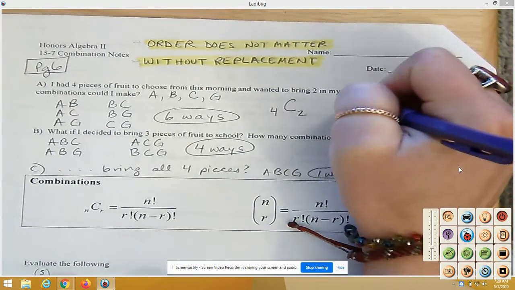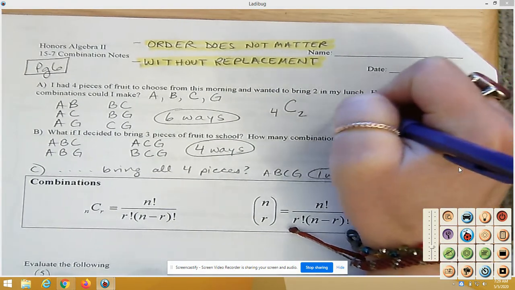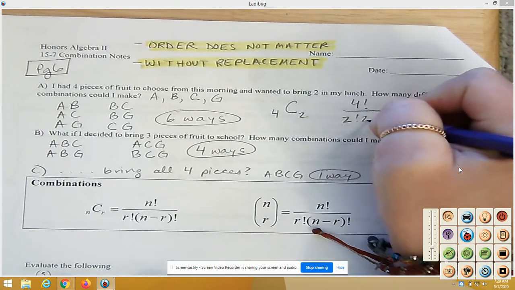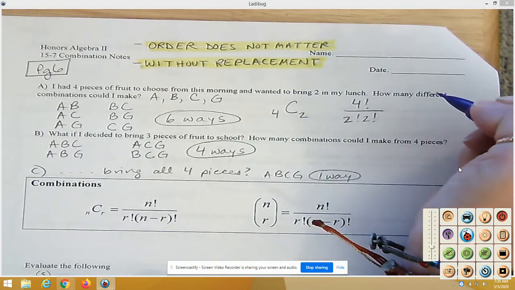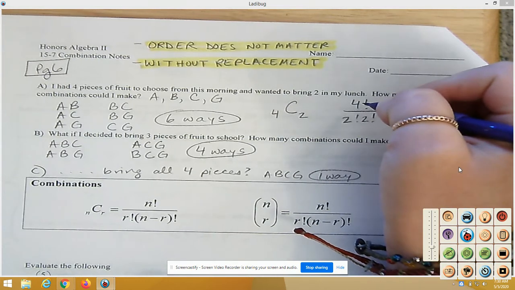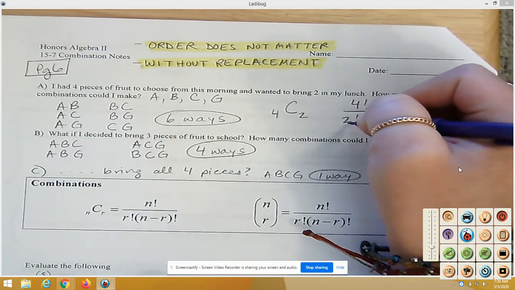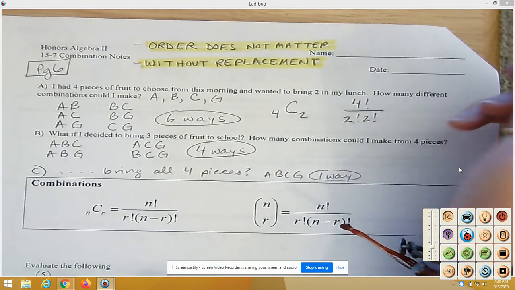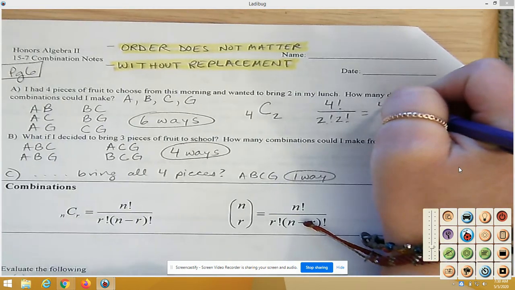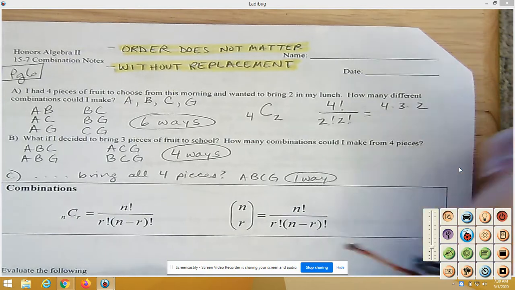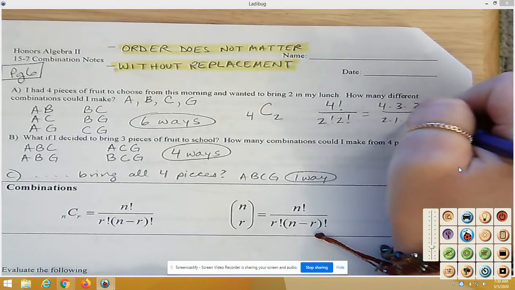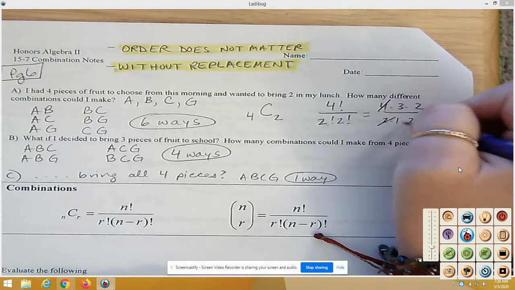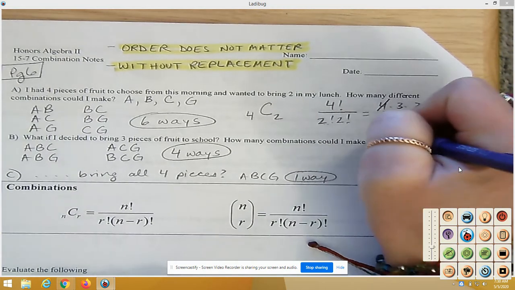And what that means, it would be 4 factorial, and then in this formula you divide by r factorial and then n minus r factorial. So this pertains to this one here. So then that would look like 4 times 3 times 2 times 1, all divided by 2 times 1 times 2 times 1. So I would say that the 4 cancels with the 2 2's, and then you would just get your 6 ways.